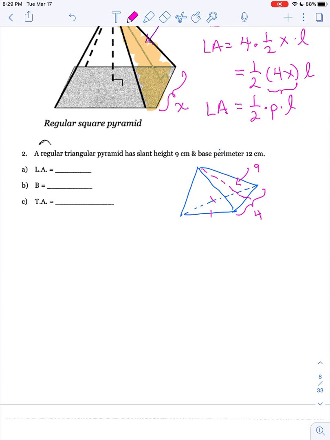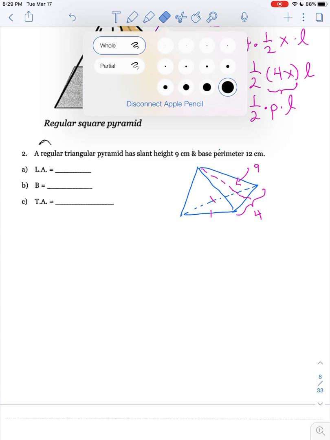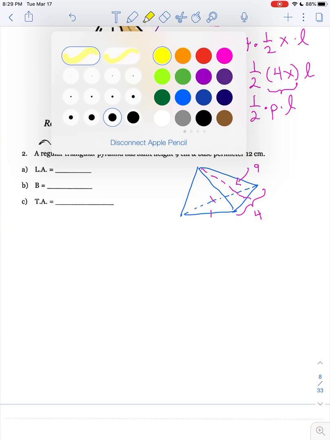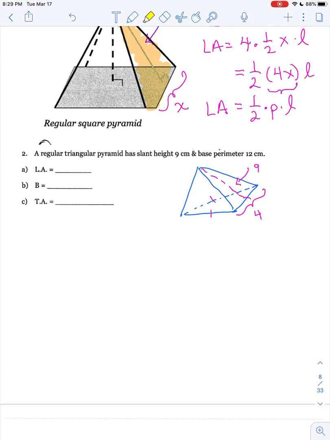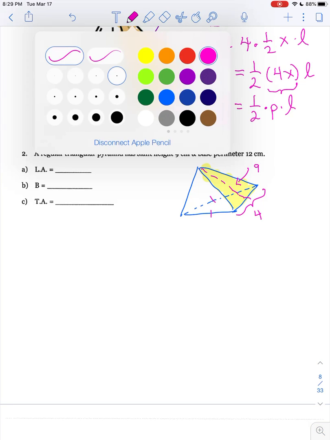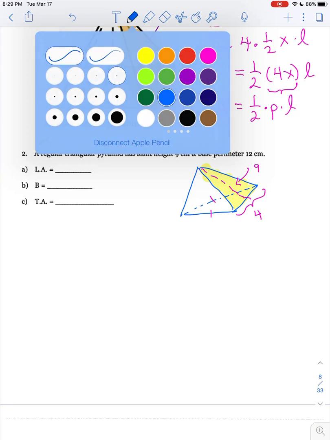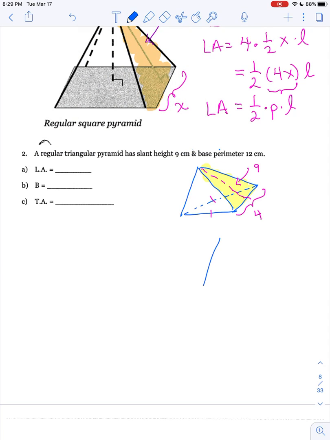And so let's go ahead and highlight this so you guys can see this a little bit more clear, that if I were to take one of the lateral faces and redraw that, let's go ahead and try to make that triangle right there.